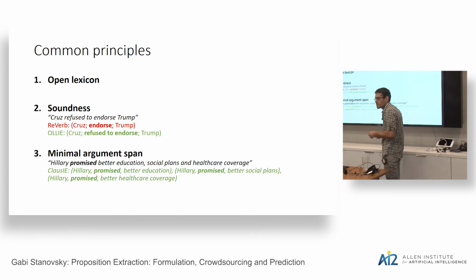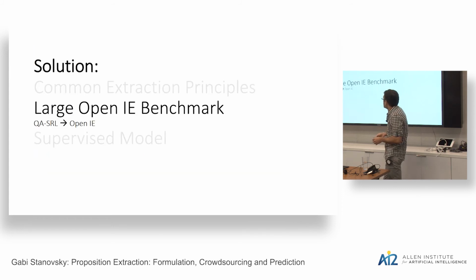So this is a distributive conjunction. Following these principles, we tried to compare different representations and see whether some representation is close enough to OpenIE that we can maybe bridge the gap, following your question about the differences between representations.